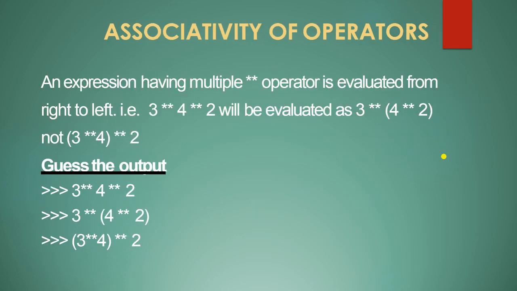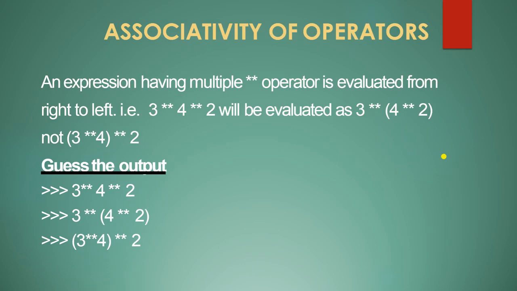Now associativity of operators. So in an expression having multiple exponent operators, the exponent operator is evaluated from right to left, that is 3 double star 4 double star 2 will be evaluated as 3 double star (4 double star 2), not (3 double star 4) double star 2.